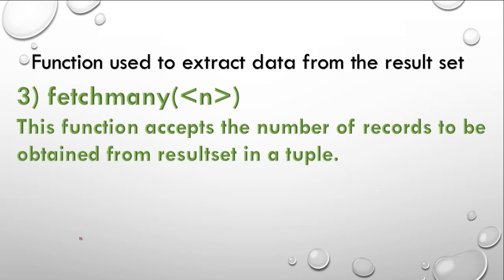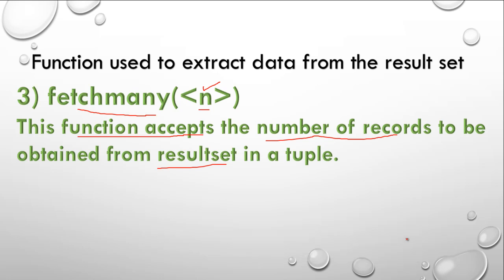In that case we use a function named fetchmany. In fetchmany, you have seen that it is written n, so you have to specify how many records you want to access from the result set. This function accepts the number of records to be obtained from the result set, so you have to mention the number of records that you require, right?